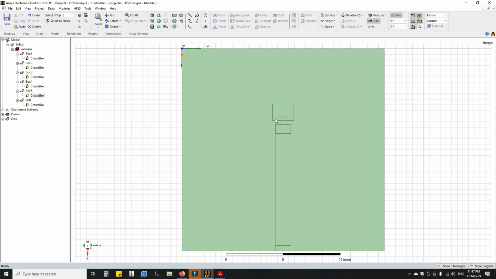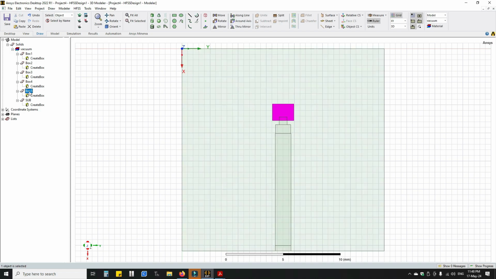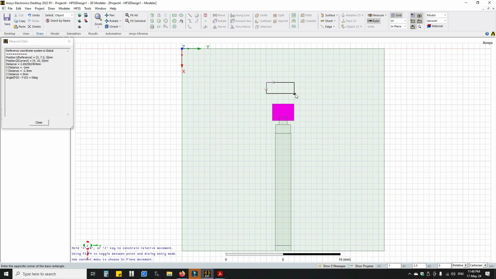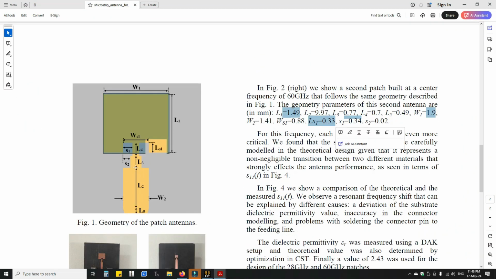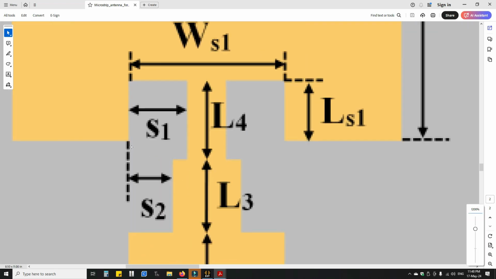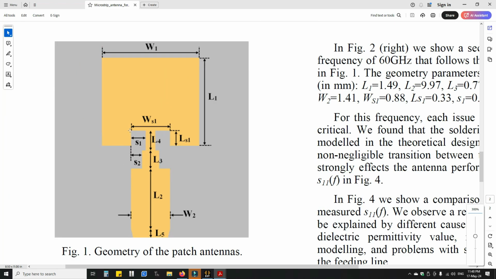Now I'm going to subtract a piece of metal from this box number 5 by simply creating a new box. I'm going to subtract this piece of metal from the entire structure.